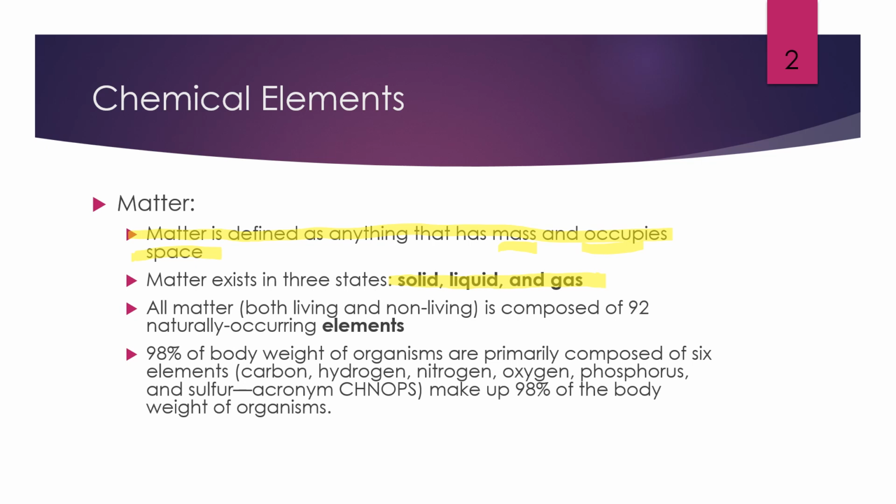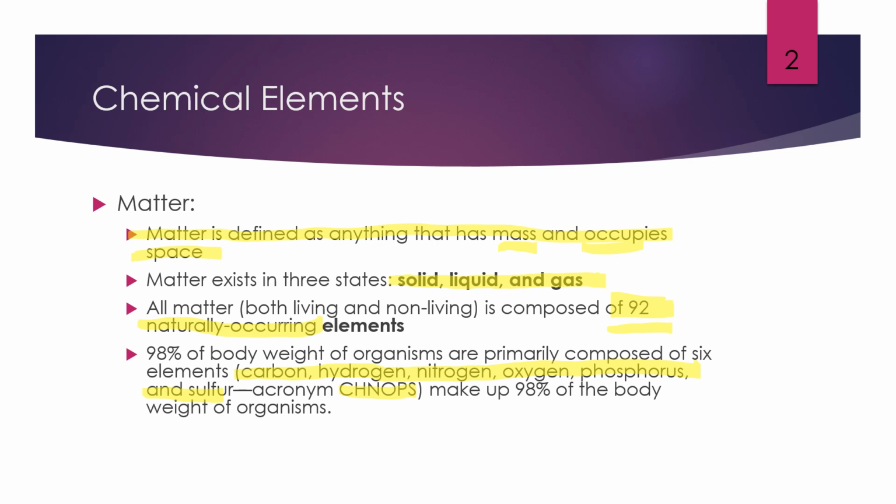There are about 92 different elements that make up all matter on Earth. And those are the naturally occurring elements. There are some man-made elements that make the total number of elements a little bit bigger. And I'm going to show you the periodic table. Even though there are that many different elements, most of the mass of living organisms is composed of just 6 of those 92, and that's carbon, hydrogen, nitrogen, oxygen, phosphorus, and sulfur, which if you want to remember them, is called CHNOPS.